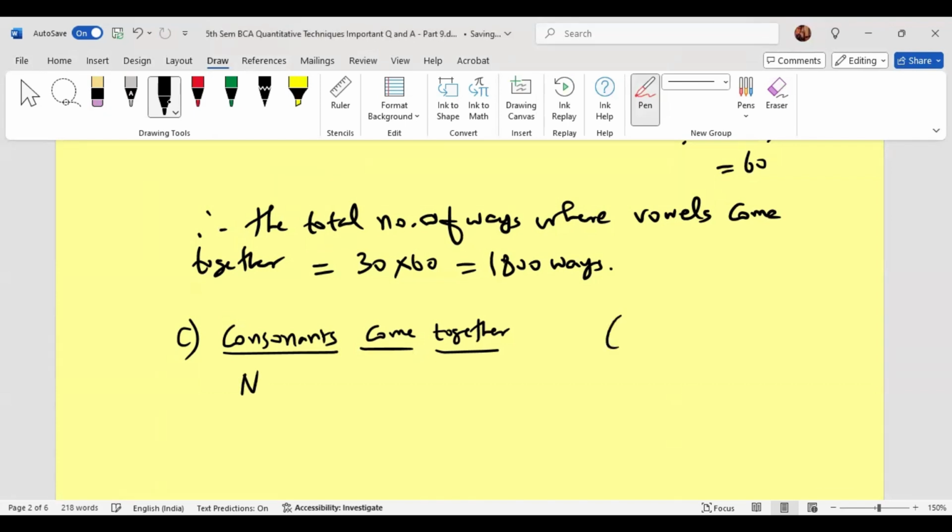Let me write the word here, animation. So the consonants are N, M, and then T, and then N again, are the consonants in the above word.